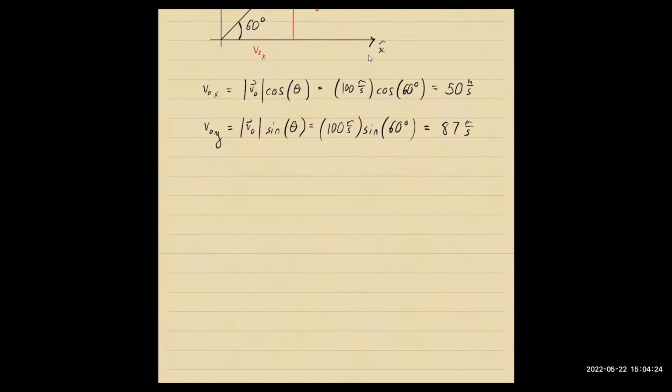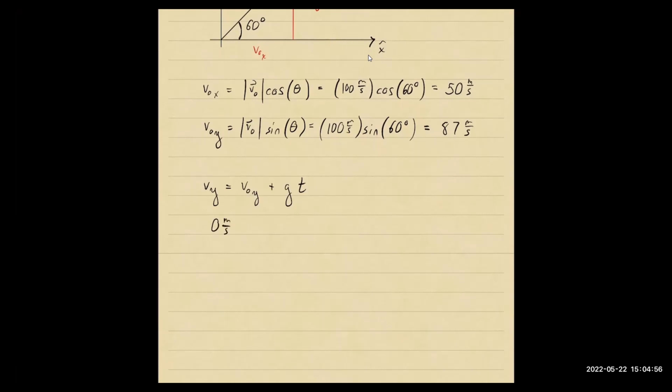Something that helps us here is the equation that our velocity in the y direction is equal to our initial velocity in the y direction plus our acceleration times time, right? But I want you guys to note that at maximum height, our final velocity in the y direction is going to be 0. All right, so the left-hand side of this is going to be 0 meters per second.